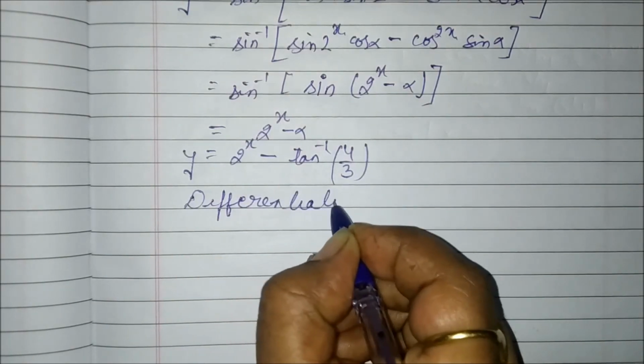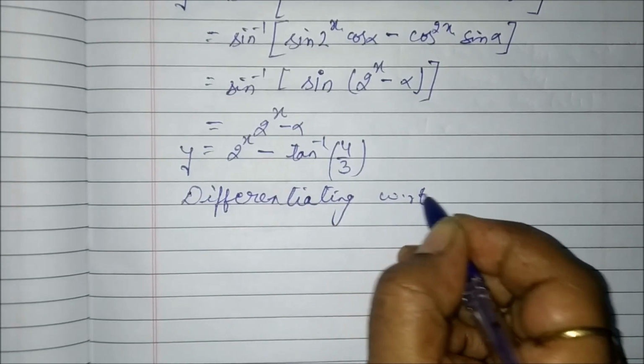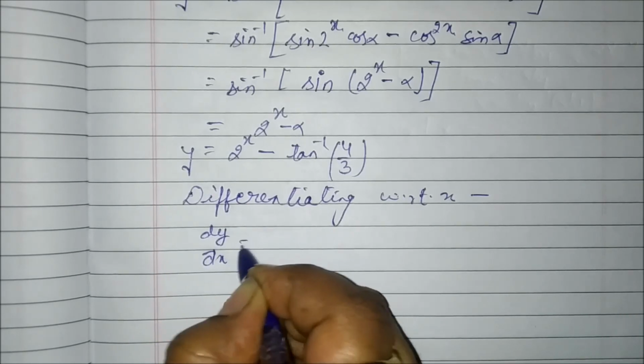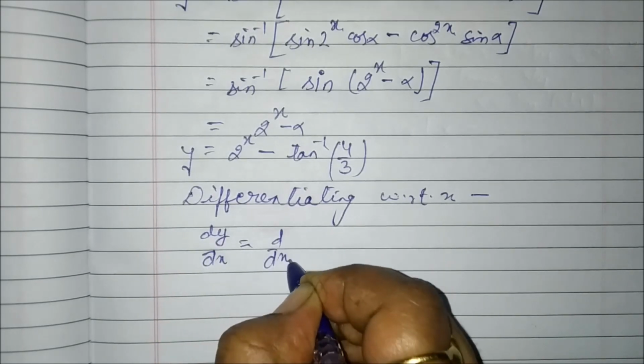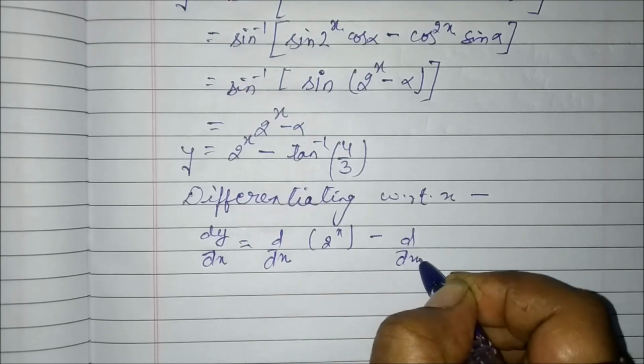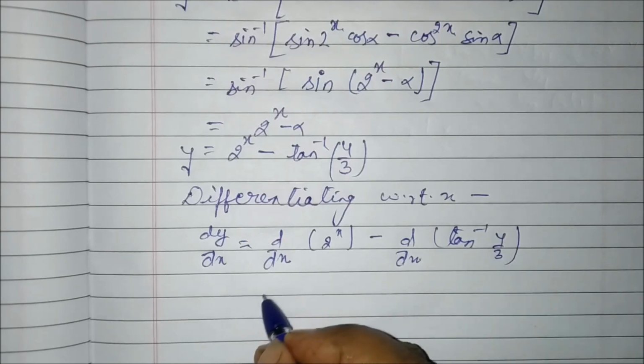Differentiating with respect to x, we get dy by dx equals d by dx of 2 raised to x minus d by dx of tan inverse 4 by 3.